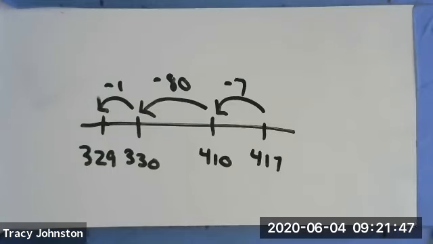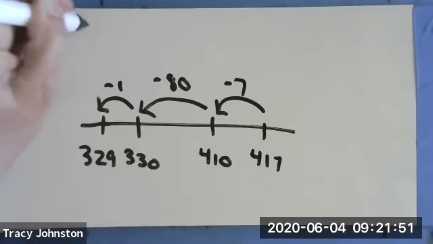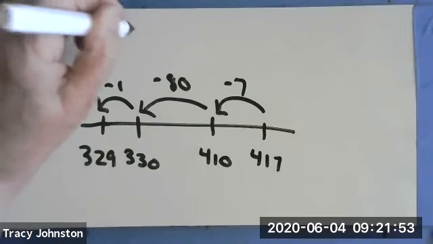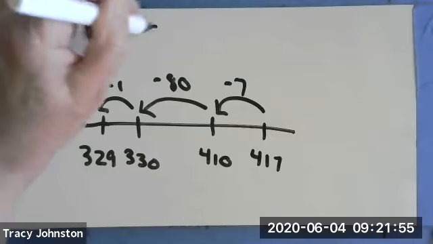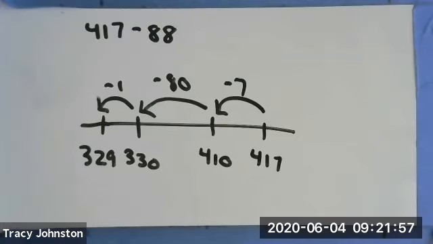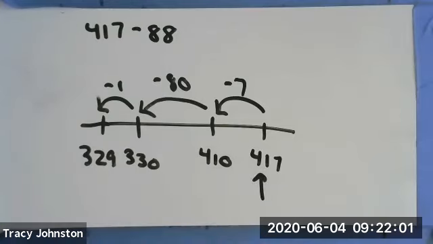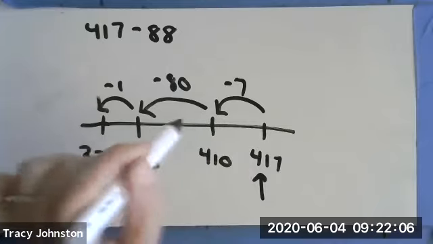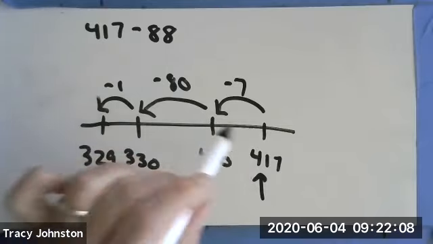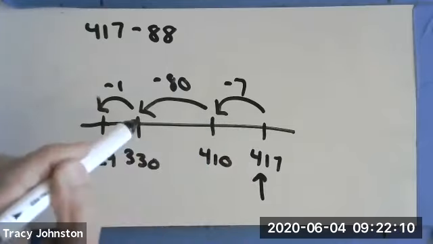If I look at this problem, then what I see is that the original problem was 417 minus 88. And I know this because we start here at 417, and the arrows of the hops, you have to tell the direction of the hops. You have to show that when you're doing this technique.